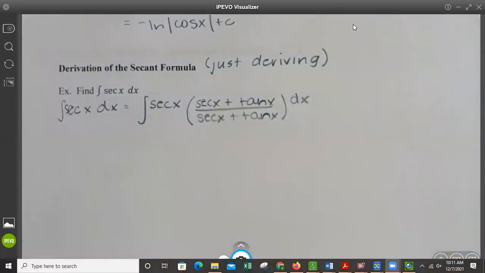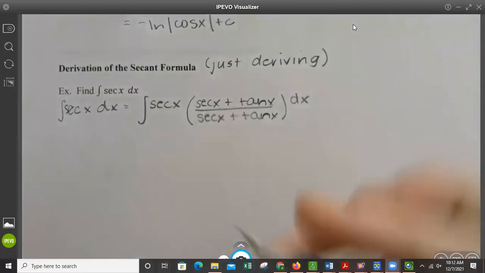Hold off for that just a second. What is secant x plus tan x over secant x plus tan x? It's not a hard question. Think about it. It's 1. So am I really doing anything? No, I'm multiplying by 1. So I'm not changing the value. I'm just changing the way it looks.